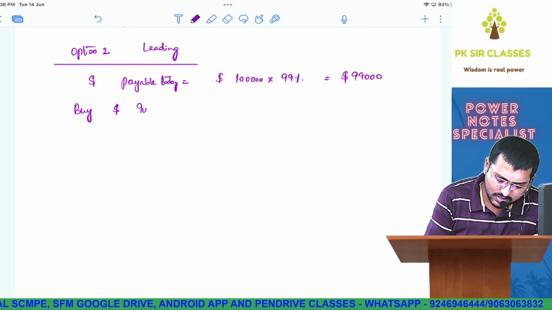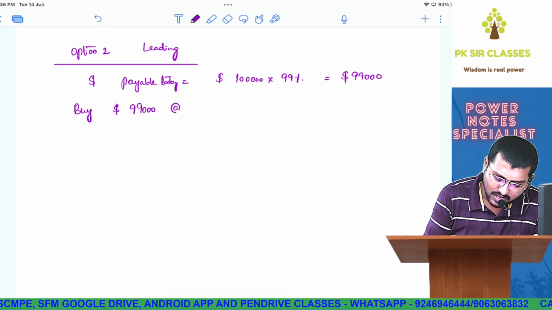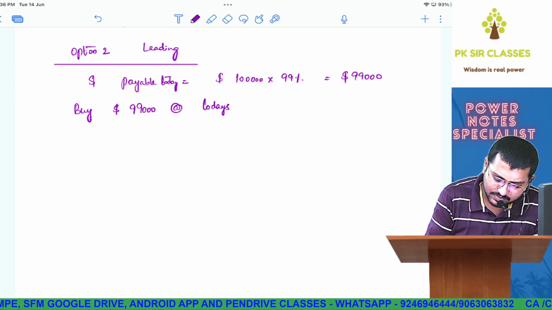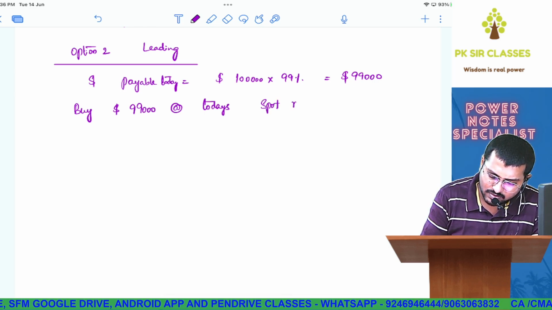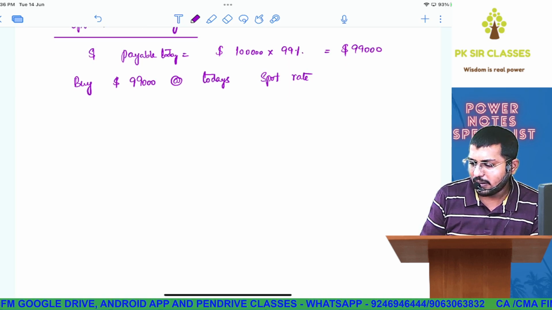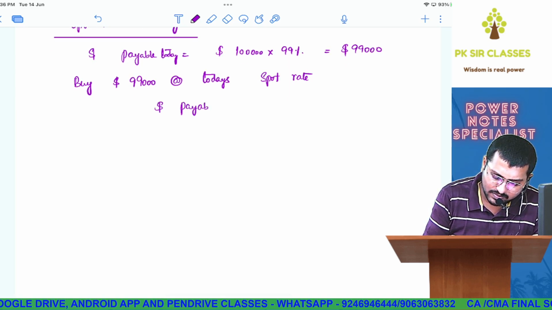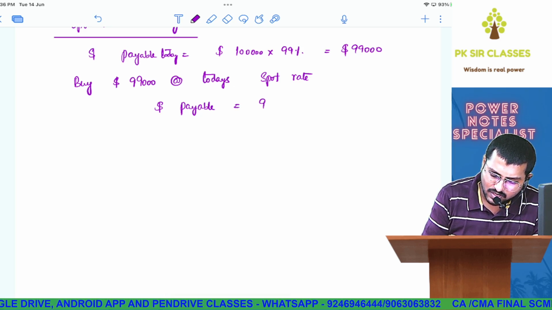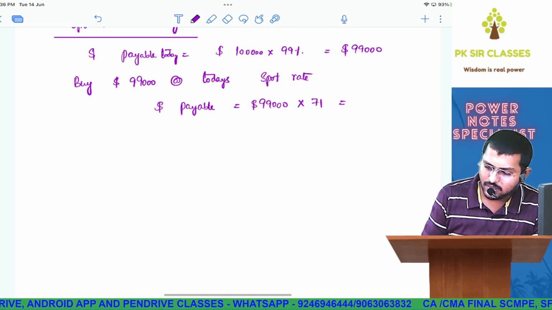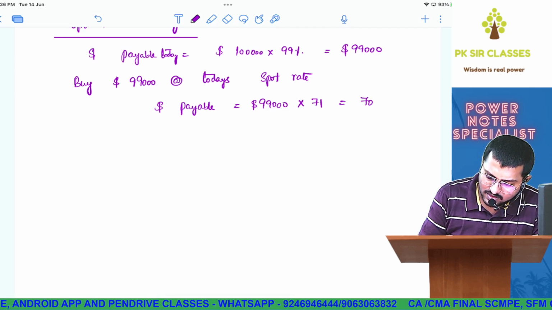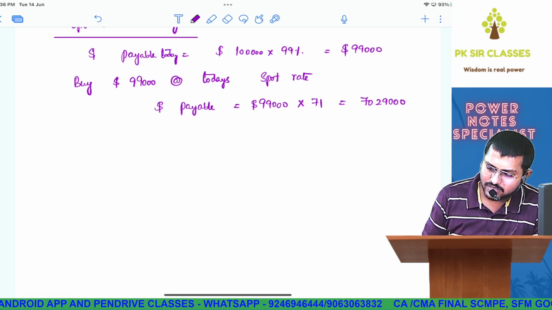So buy $99,000 at today's spot rate, 71. So rupee payable is $99,000 into 71, which is 70 lakh 29,000 rupees, correct?